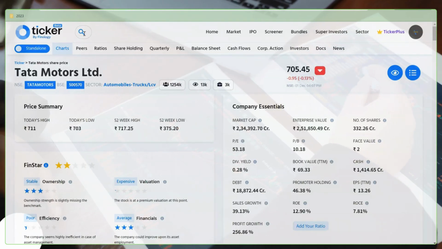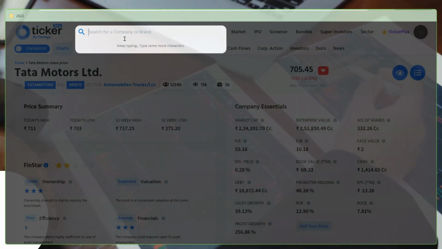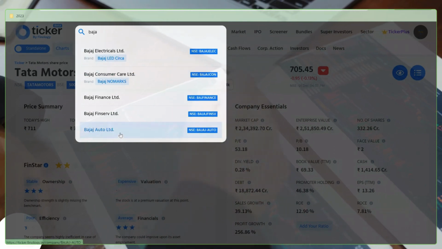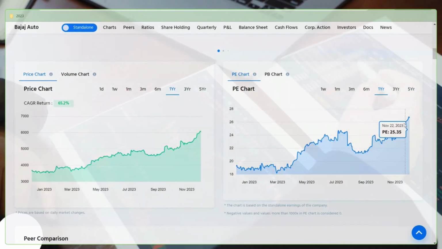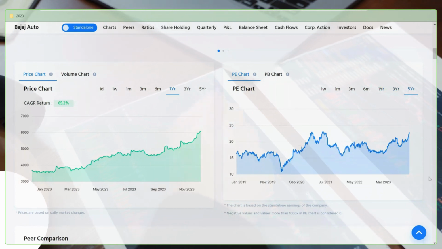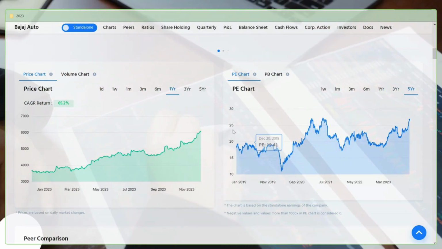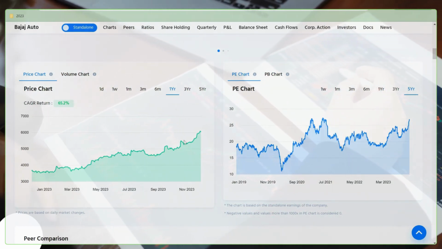Let's consider Maruti, Bajaj, Bajaj Auto. Yes, see, it is trading quite high, right? This is 26. Let's see, 5 years. Yes, 26. So all automobiles are recovering now. So you will see higher PE for the automobile sector.